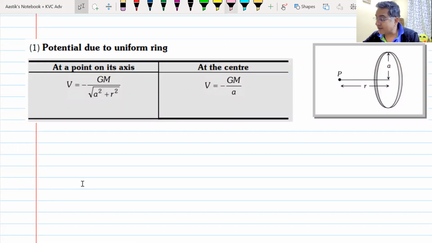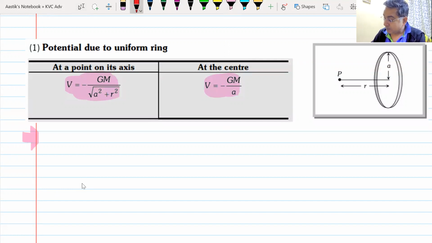At any point on the axis of the ring, the gravitational potential is minus GM upon root over a square plus r square. At the center, you put the distance x as 0, and the potential becomes minus GM by a. Remember, this potential does not depend on the distribution of mass.